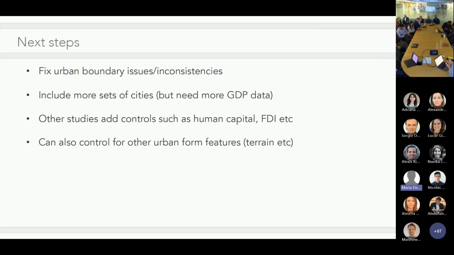We can include more cities contingent on finding more GDP data. I think that's available for places like the US quite easily, but we're more interested in middle income countries, so it's less available. Other studies do add other controls such as human capital and FDI. I think that's very doable, and potentially other urban form features, such as distance to the coast and things like that. Okay, so that's where we are in that project.